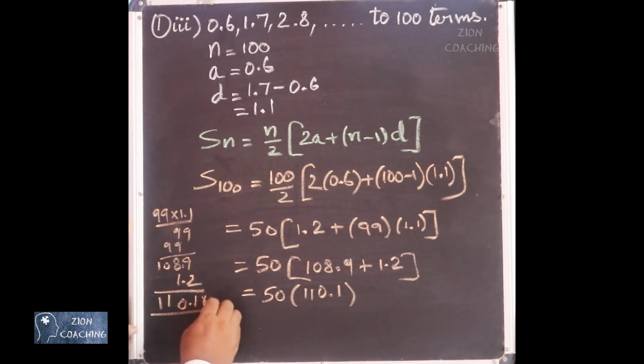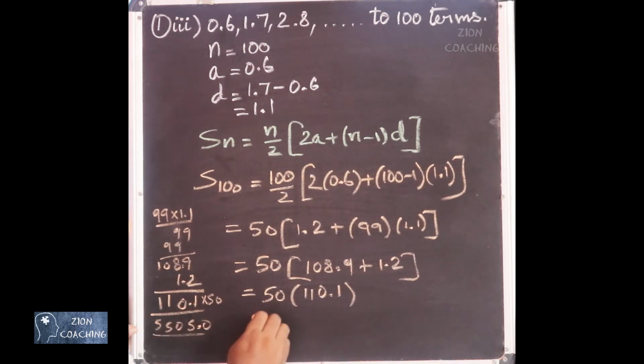When you multiply this by 50, 1 5 is 5, 0, 1 5 is 5, 1 5 is 5. There is one number after the decimal point, so the answer is going to be 5505. Sum up to 100 terms is 5505.